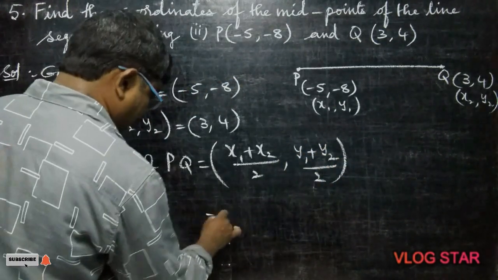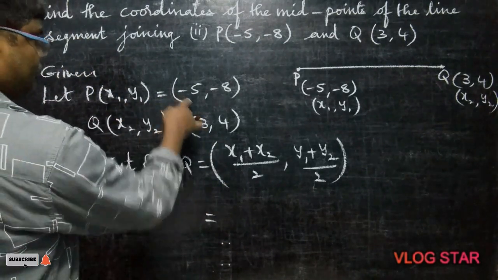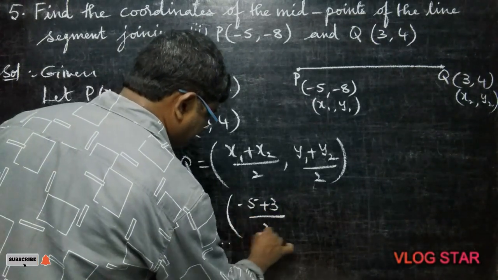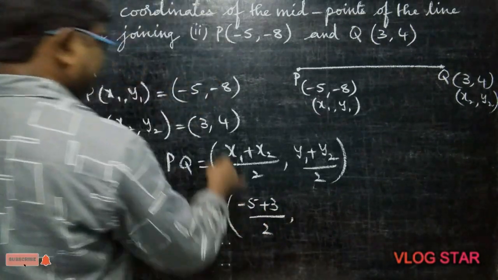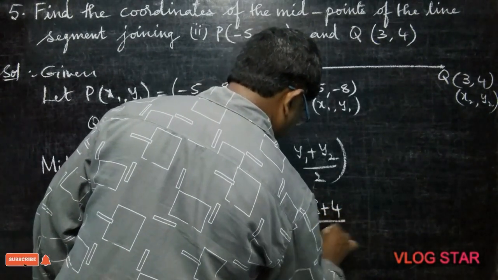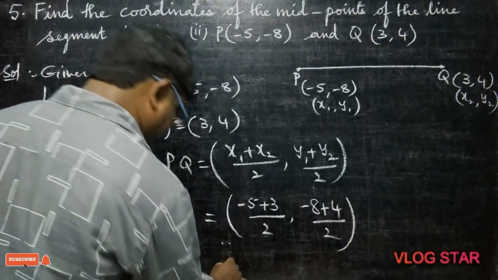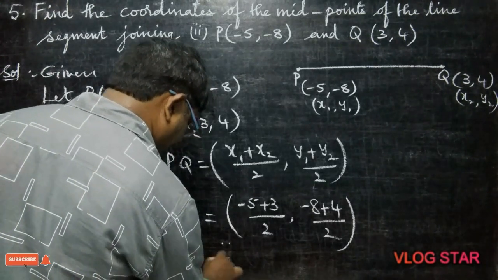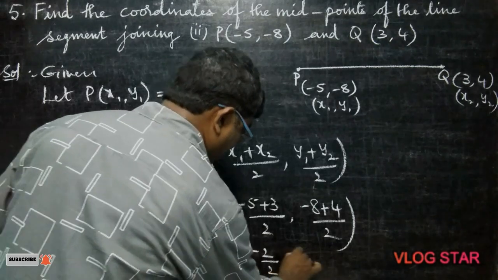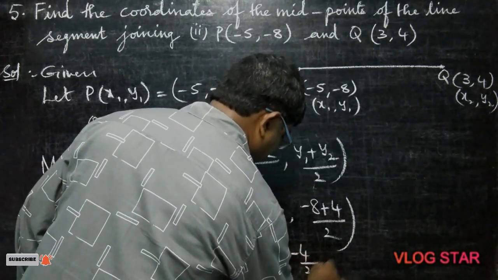So that is (-5 plus 3) by 2 comma (-8 plus 4) by 2, which is equal to -2 by 2 comma -4 by 2.